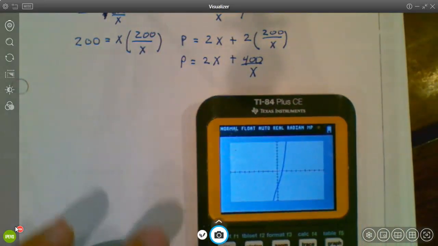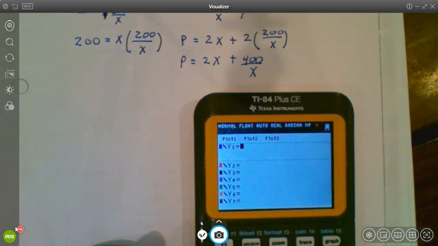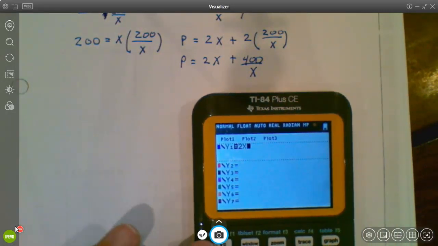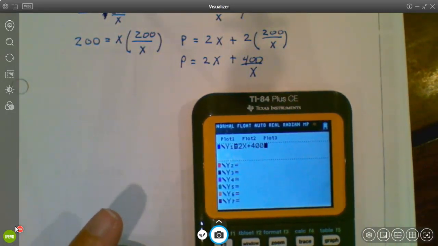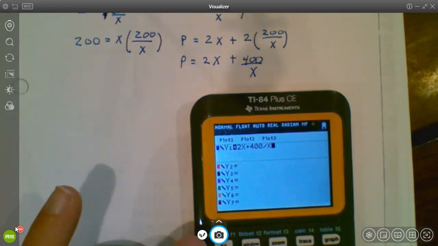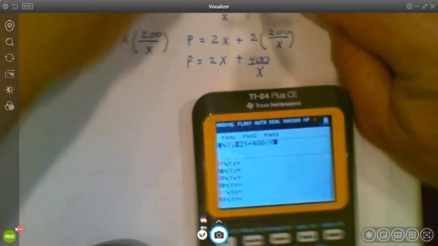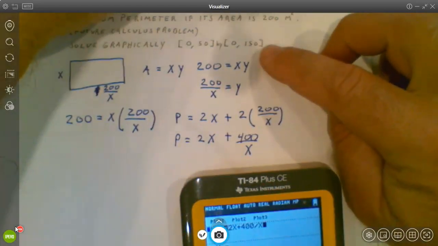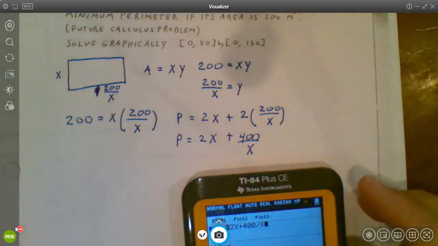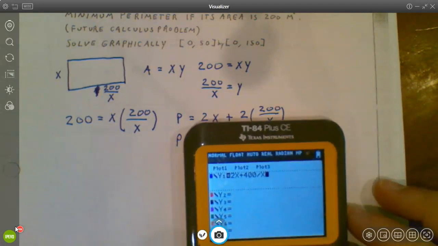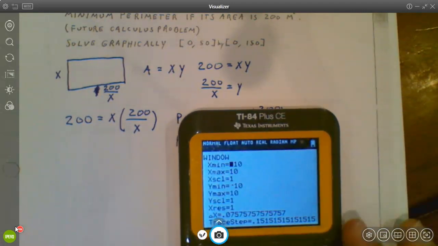So we are going to put in our function that we just created. And the window on these is an issue. So I already figured out a good window that we could use. So I'm going to go into my window settings. I'm going to go from 0 to 50.